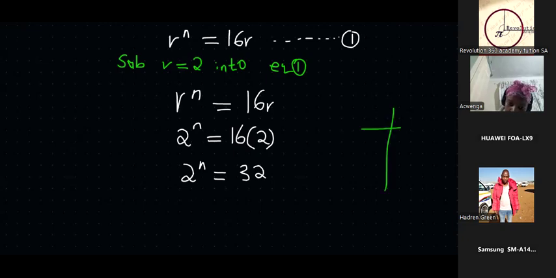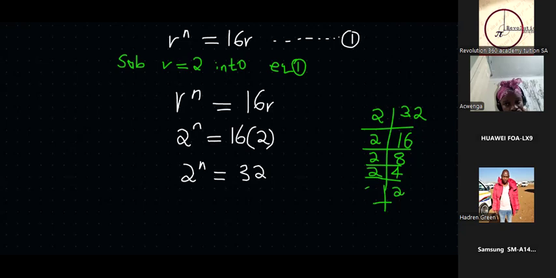You do this aside on the script. 32 divided by 2 gives 16, you write it here. 16 divided by 2 gives 8. 8 divided by 2 gives 4. 4 divided by 2 gives 2. 2 divided by 2 gives 1. So you count how many 2's you have: 1, 2, 3, 4, 5.